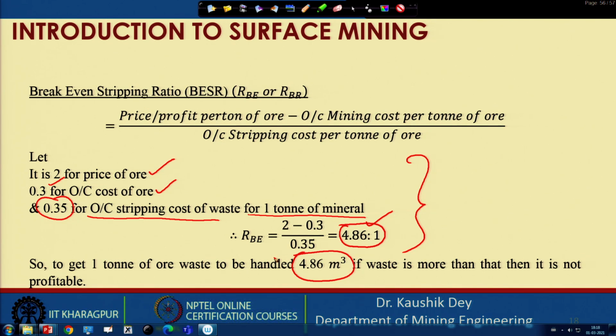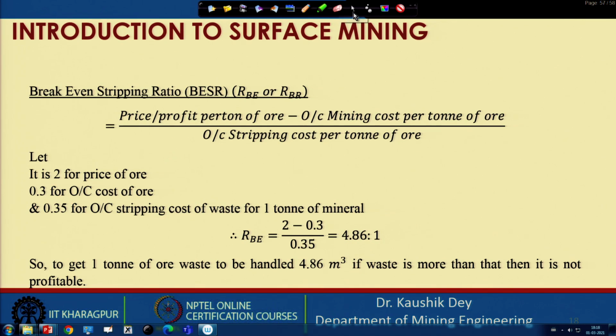So, if our stripping ratio is increasing more than 4.86, only then will mining with surface mining technology no more remain profitable to us. So, that is why break even stripping ratio is a very important aspect for decision making about whether mining is to continue or not.